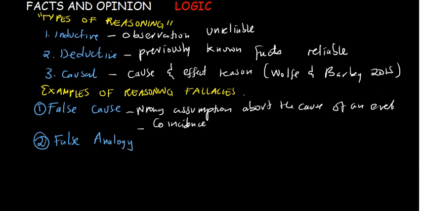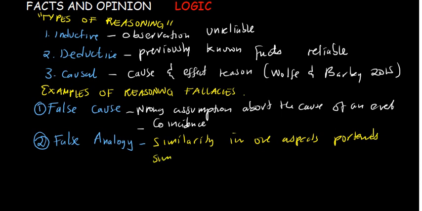When we're talking about false analogy, this indicates that similarity in one aspect portends similarity in other aspects.